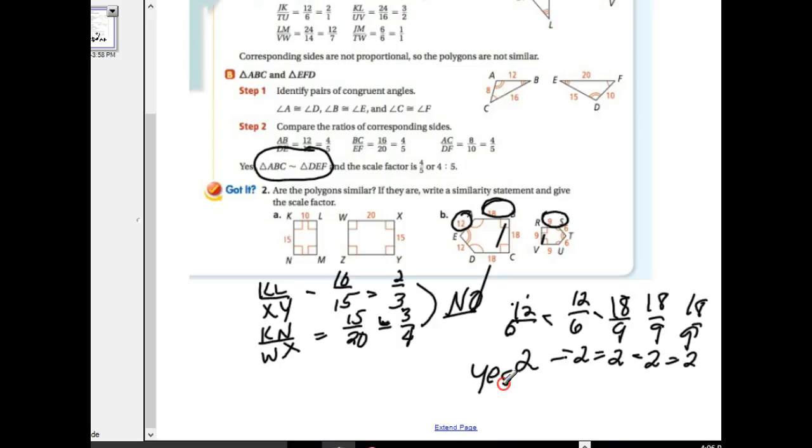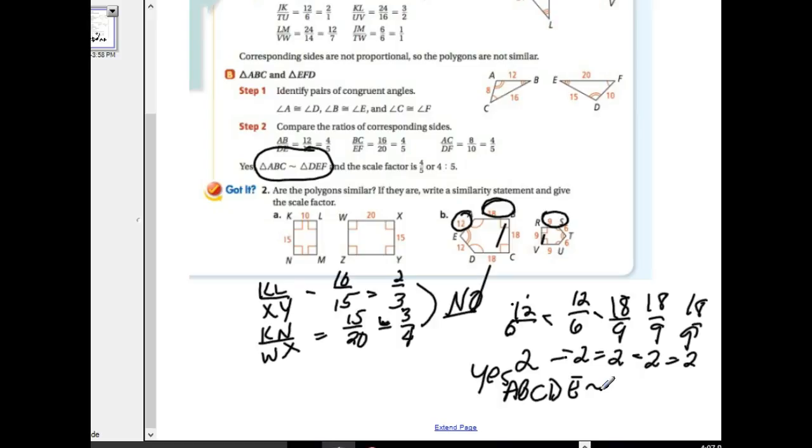So all we really need to do here is write a similarity statement. If I write figure ABCDE, then I'm going to say this is similar to, and again, you have to make the corresponding angles and the sides match up.